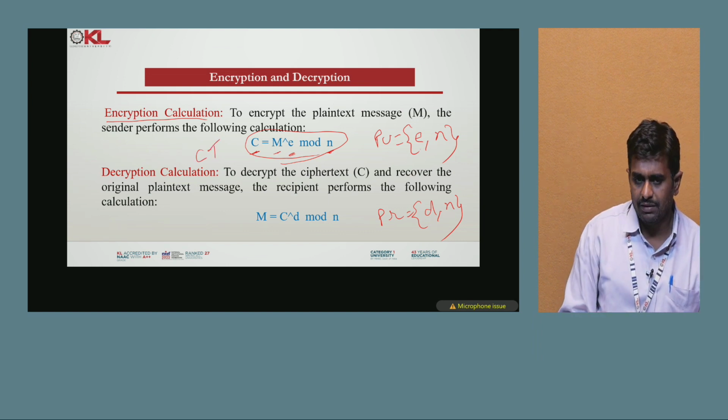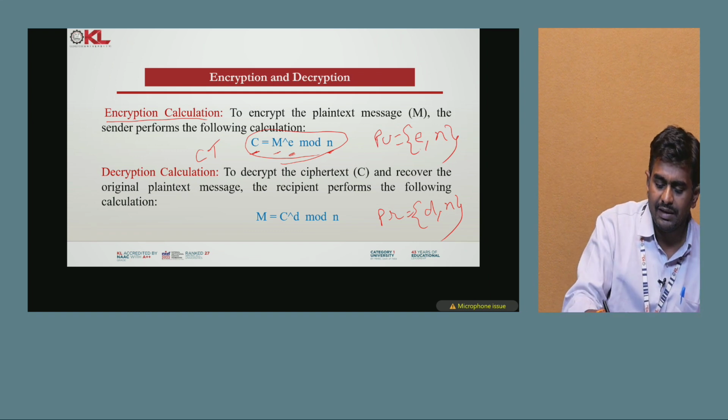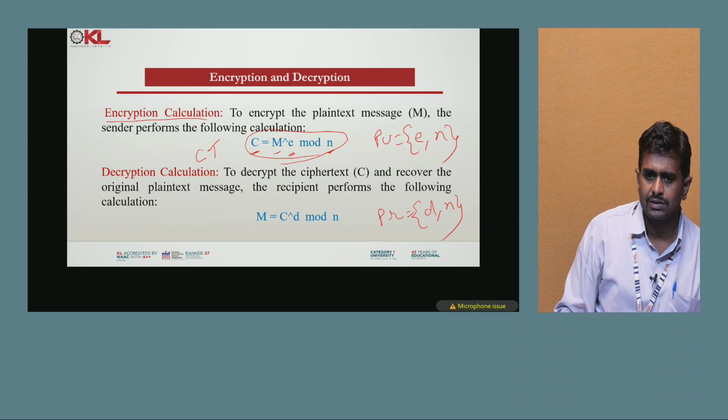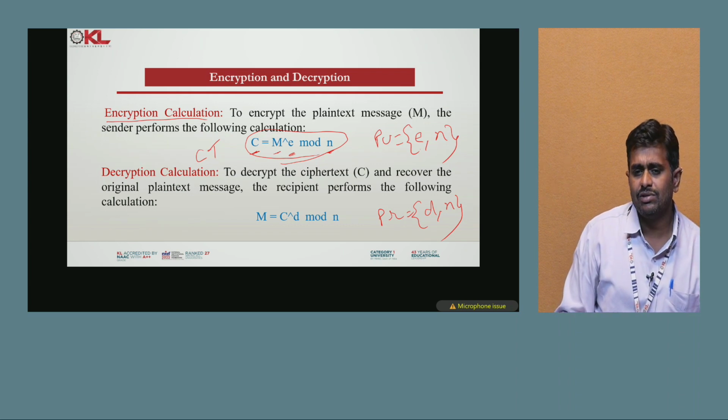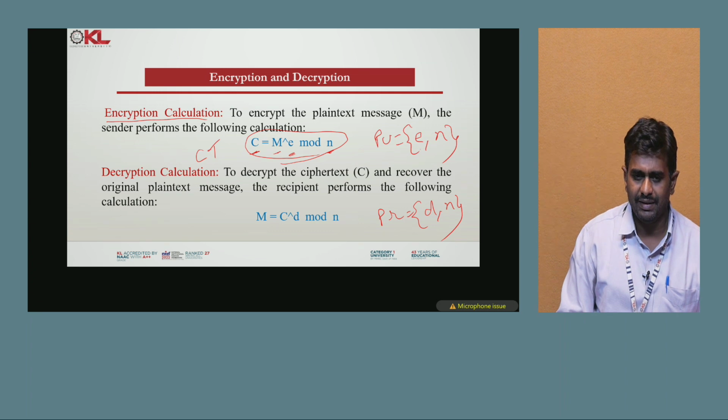On the decryption side, that is the receiver side, we do the reverse process, which means we use the private key. Based on the private key and the ciphertext value we can recover the original message, that is the plain text.